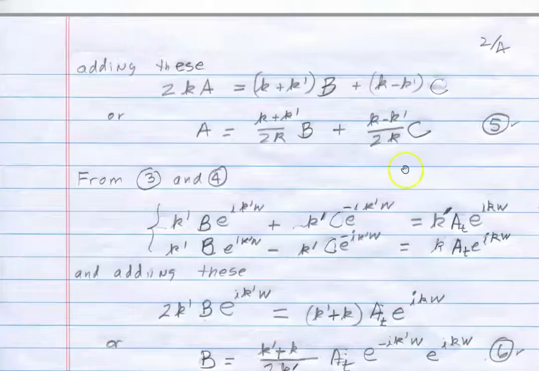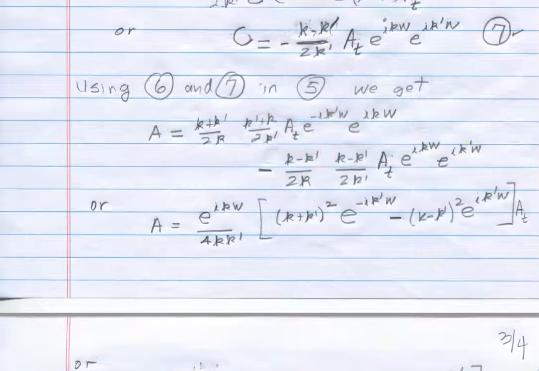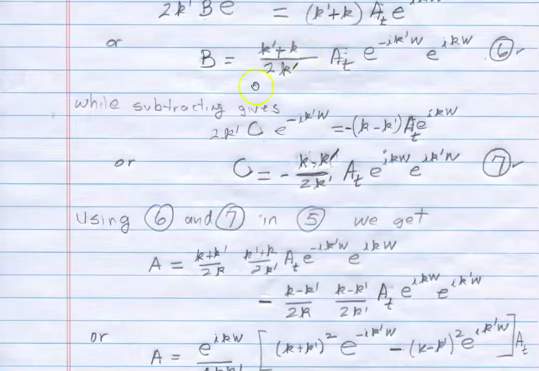I've got k plus k prime over 2k, and then times b. So I've got a k plus k prime over 2k times b here, and b was k prime plus k, 2k prime a t, e to the minus k prime w, e to the i k w.